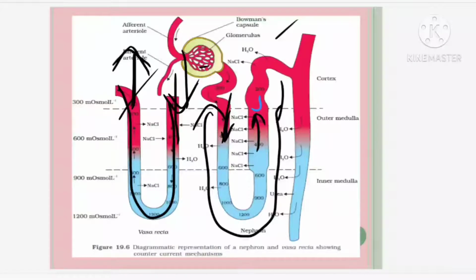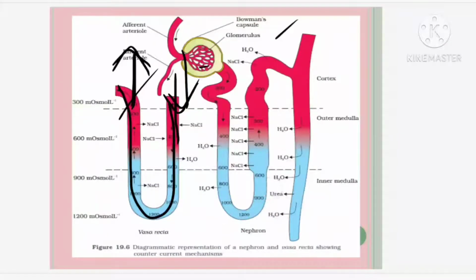Now this is the ascending limb of the Henle's loop. It is permeable to electrolytes, especially NaCl, and urea plays a major role in maintaining osmolarity.